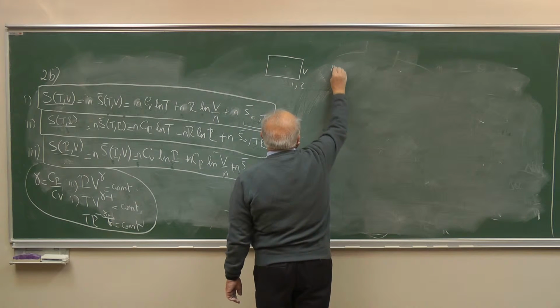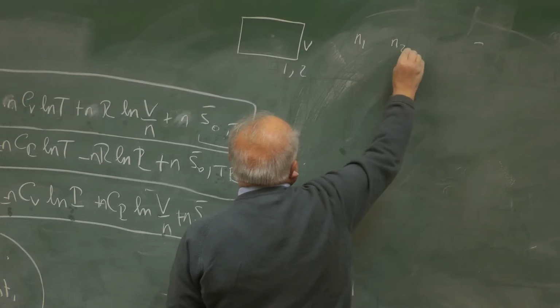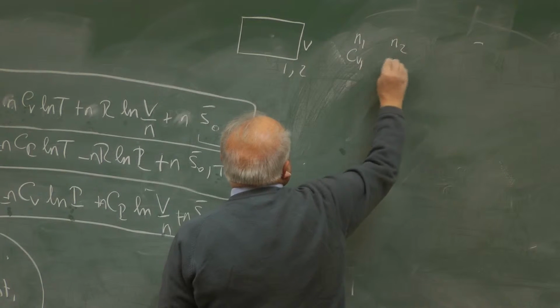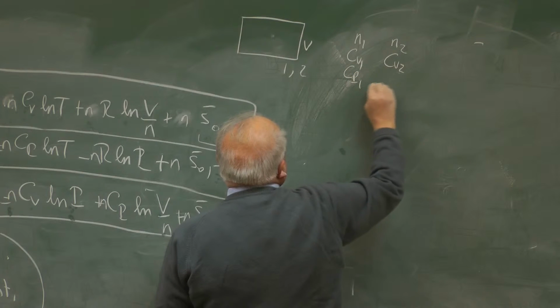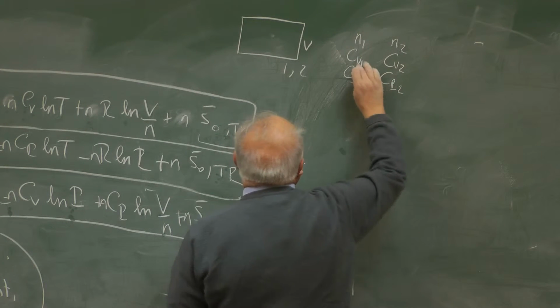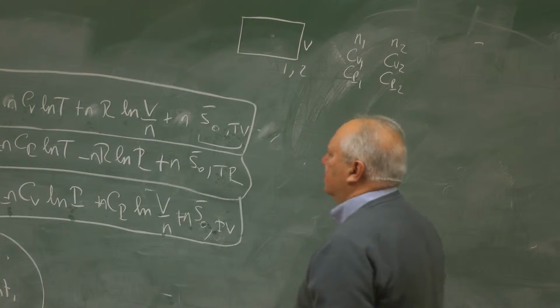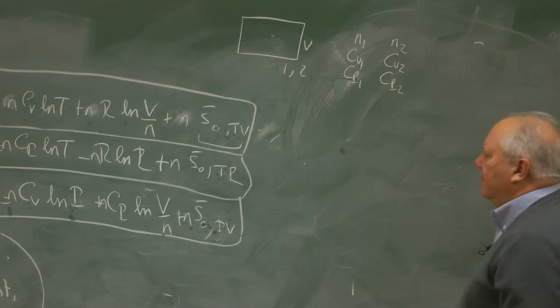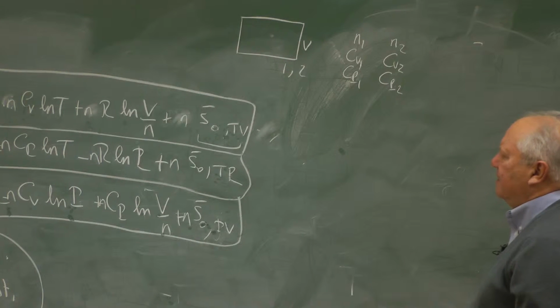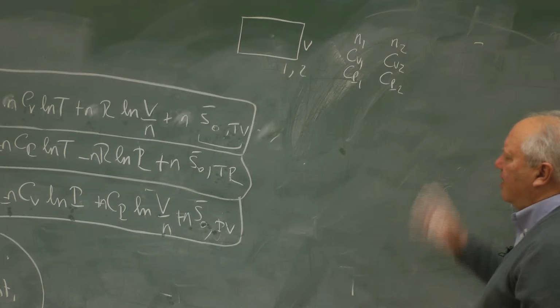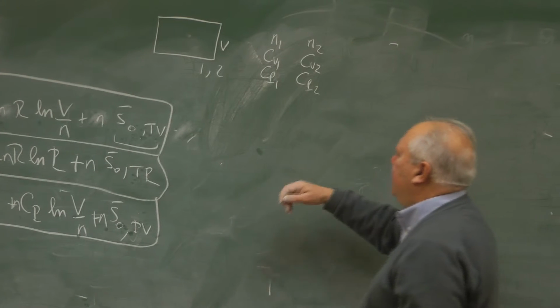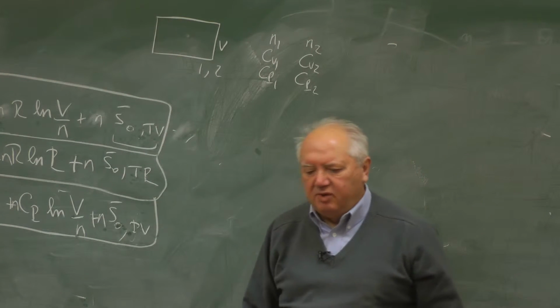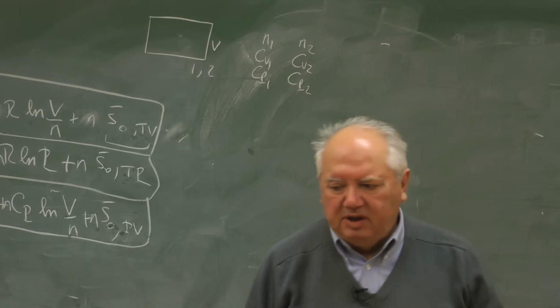So it has N1, N2, CV1, CV2, and CP1, CP2. These are the molar specific heats for constant volume and constant pressure, and they may be different. One may be a monatomic gas, the other one is polyatomic gas.